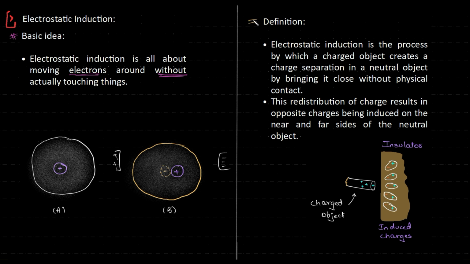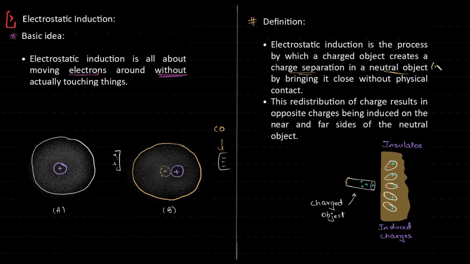So the official definition of electrostatic induction is the following. It's a process wherein we have a charged object, like this over here. This is your charged object, CO. The charged object creates a charge separation in a neutral object by bringing it closer without physical contact.